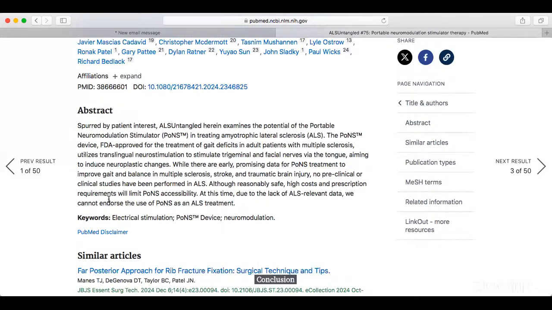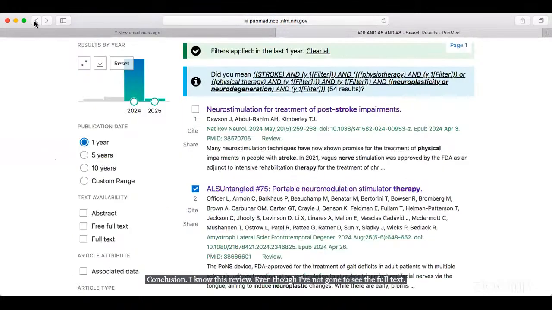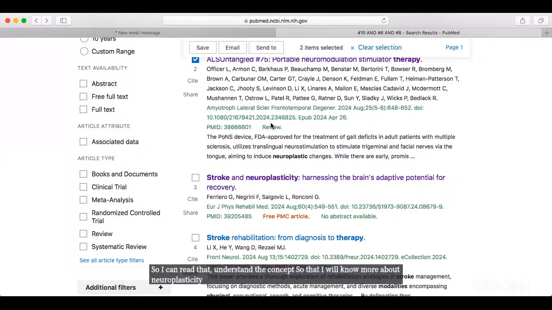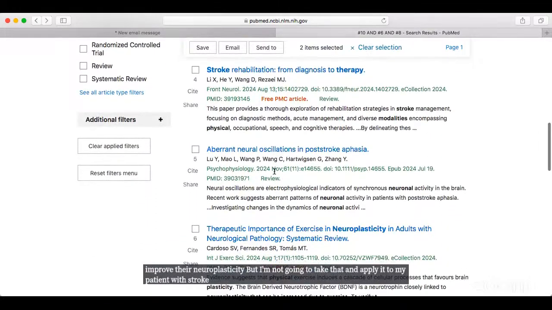I know this is a review, even though I've not gone to see the full text. So I can read that and understand the concept, so that I will know more about neuroplasticity and physiotherapy management of patients with stroke on how to improve their neuroplasticity. But I'm not going to take that and apply it to my patient with stroke to treat them.